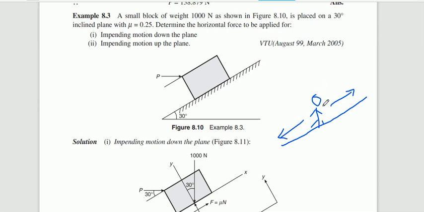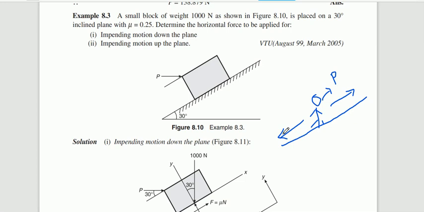Either you are moving by yourself or any forces are acting on you. So you can move upward or you can move downward. Therefore we need to find the force for both conditions. Whether we are moving upward, we need to find it, and if you are moving downward, then also you have to find the value of P here.